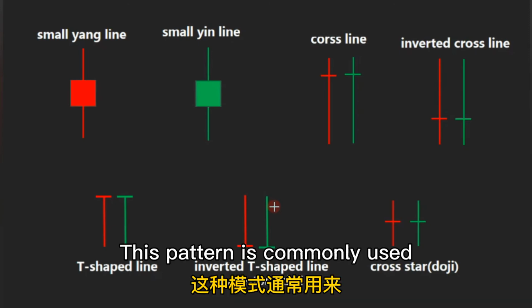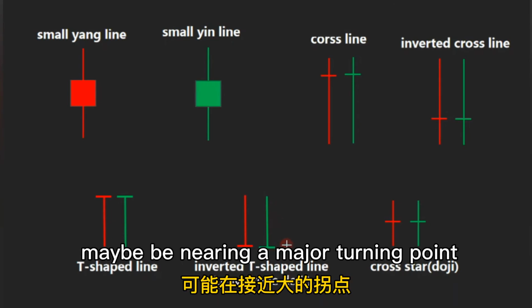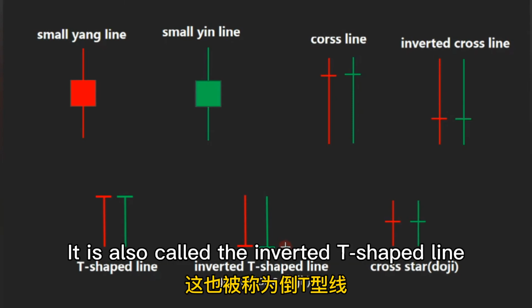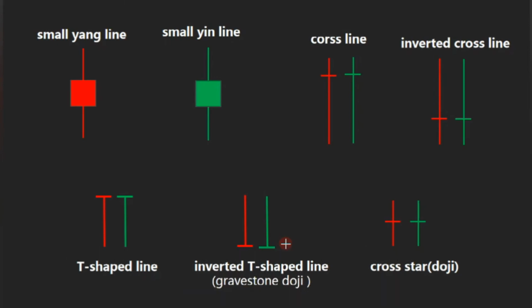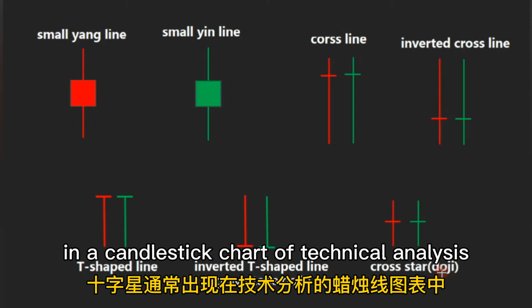This pattern is commonly used to suggest that the trend may be nearing a major turning point. It is also called the inverted T-shaped line. Cross-star doji: the doji is a commonly found pattern in the candlestick chart of technical analysis.